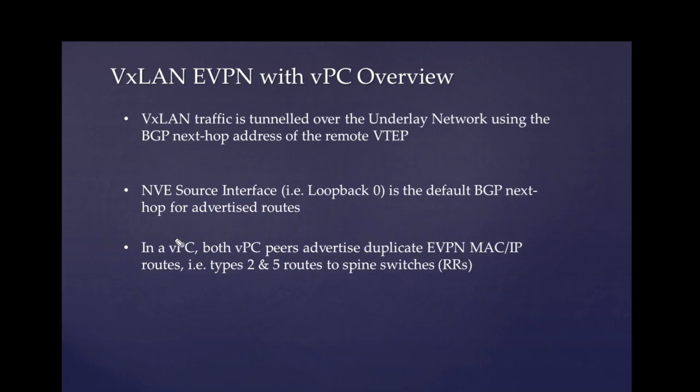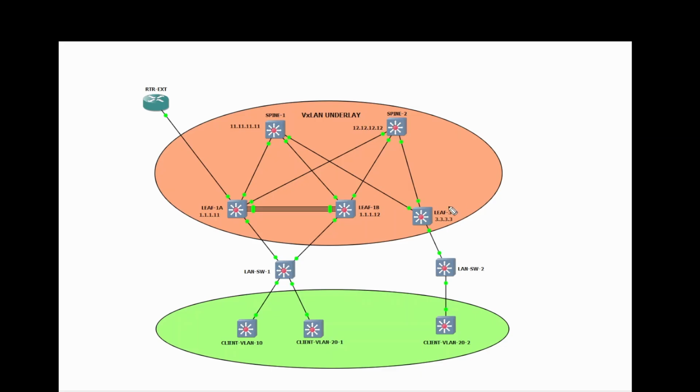Like we discussed, in a VPC environment, both VPC peers will advertise the duplicate EVPN MAC and IP route, i.e. route type 2 and 5, towards the spine switches, i.e. the route reflectors. Now the remote leaf switch, which is leaf 3 in our example, will receive an update from leaf 1A and also an update from leaf 1B for the same prefix, i.e. for client VLAN 20-1.